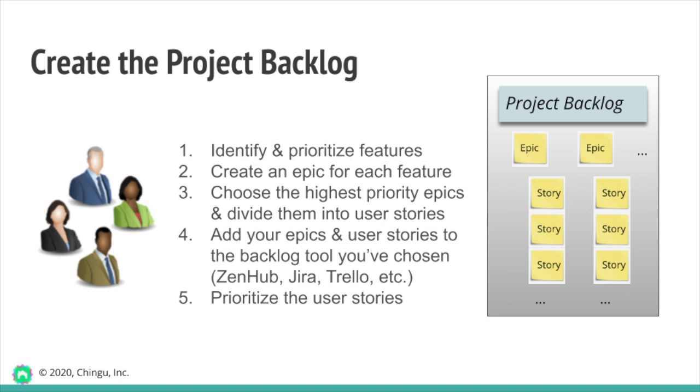To begin, create an epic for each feature. Then, decompose that epic into individual tasks and components that can be completed in a single sprint, and add them as user stories to your backlog. You're encouraged to add task lists to your stories. This is one way to ensure that everyone knows what needs to be done, and it's also a good way to gauge the complexity of the task, and it helps identify stories that should be split into additional stories.